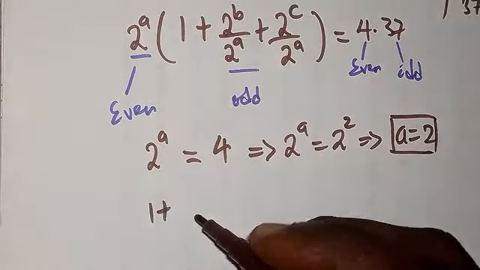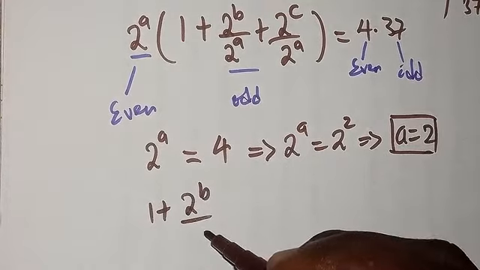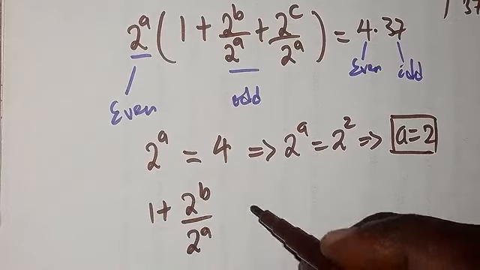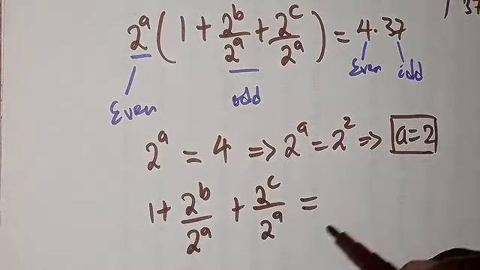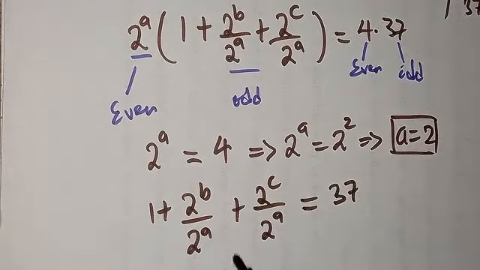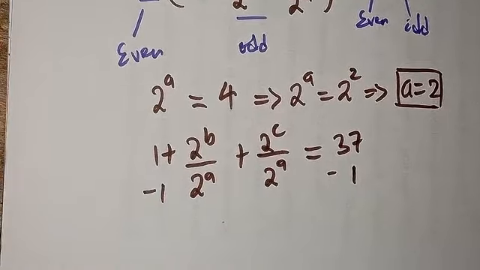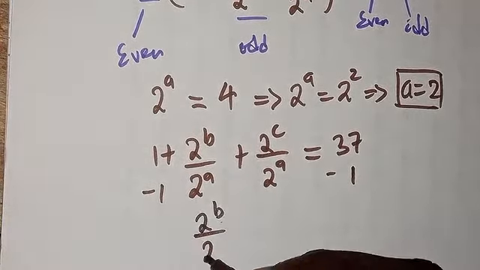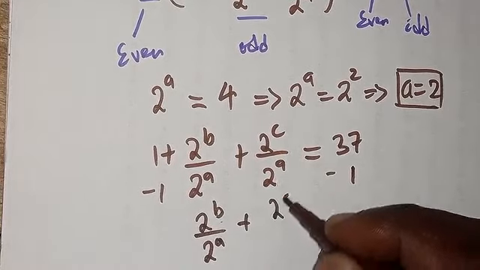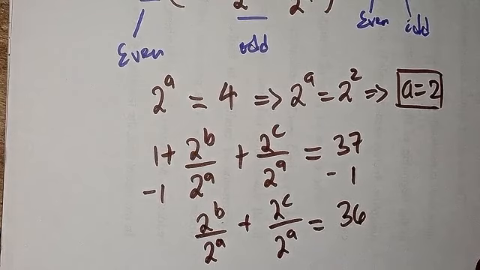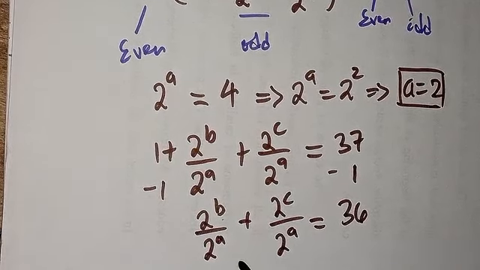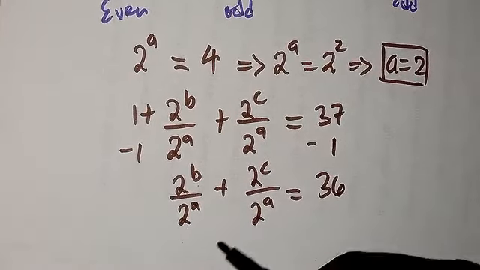So we're going to have 1 plus 2 to the power b over 2 to the power a, then plus 2 to the power c over 2 to the power a, then equals 37, right? But we want to get rid of this 1 here. If you remove 1 from here, and remove 1 from here, you see that we're going to have 2 to the power b over 2 to the power a plus 2 to the power c over 2 to the power a, which equals 36. Are you following?